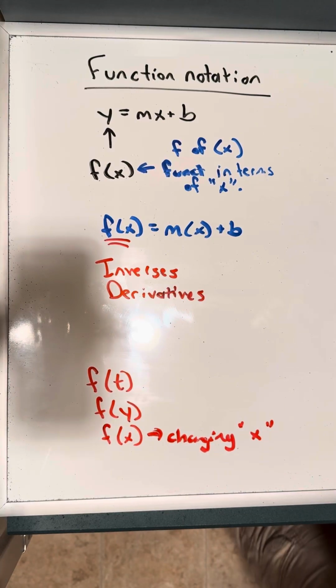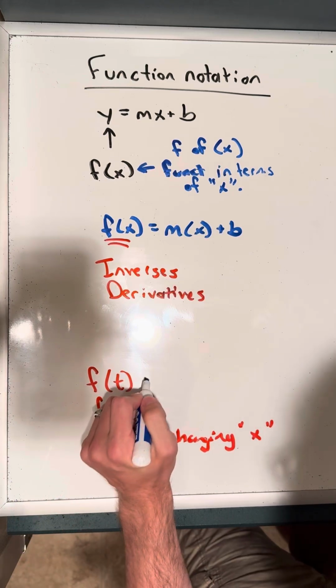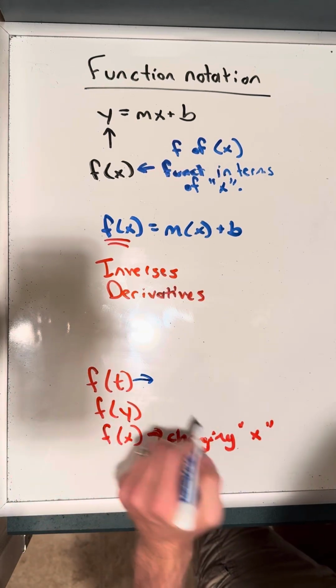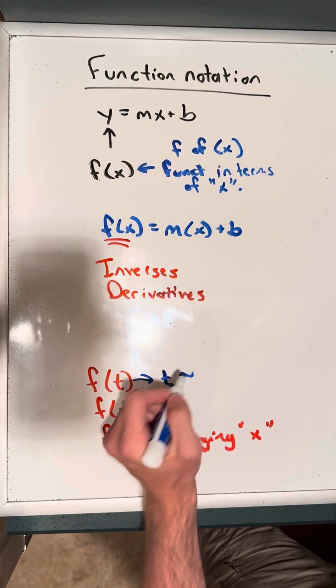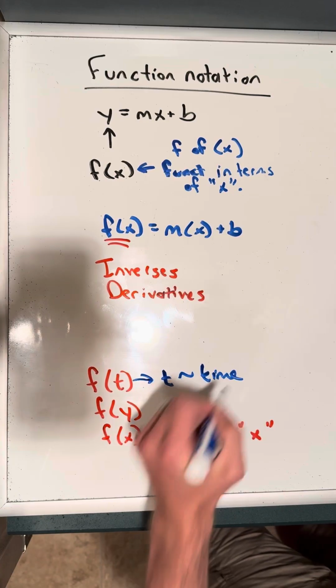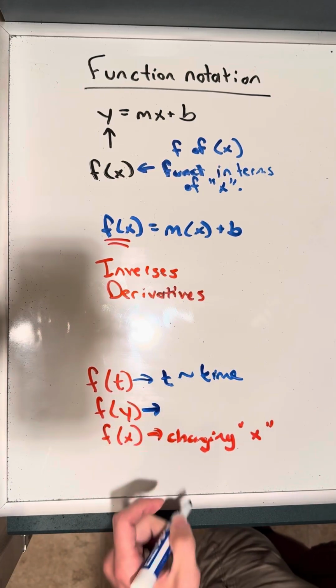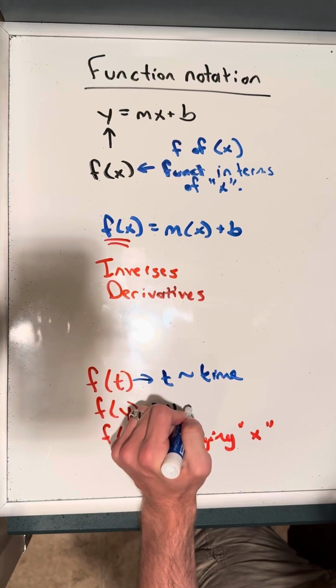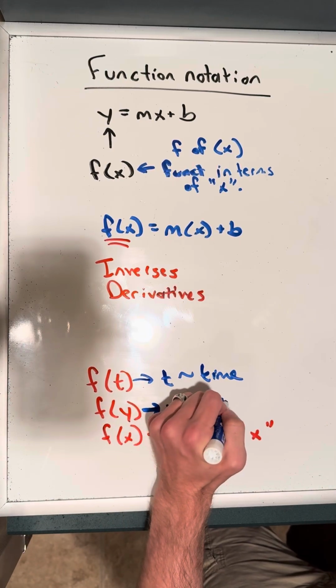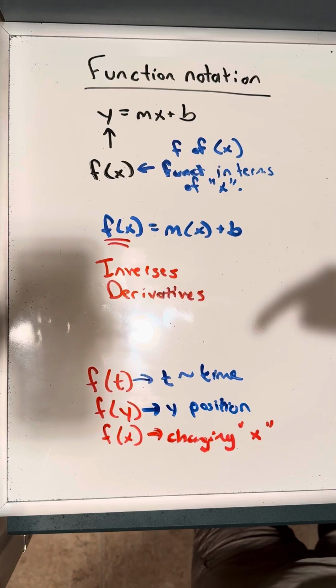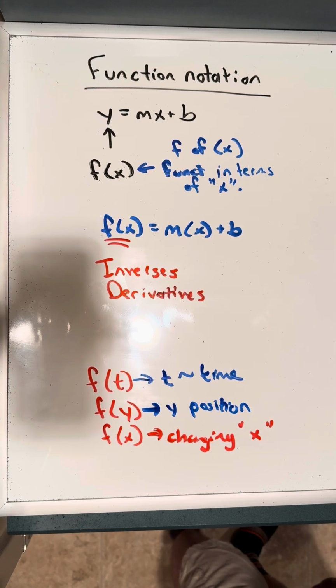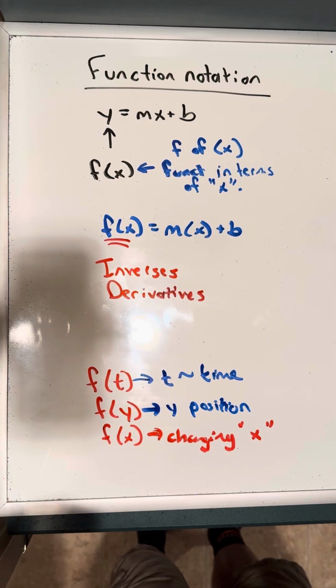Inside the physics world and inside the applied calculus world, like AP Calculus, t might equate to something like time. So f of time, meaning f of a real scenario. Inside of physics, we might say f of y as in the y position. Or it could literally just mean the y variable. So I'm giving you guys a heads up because you might see f of t, f of x, f of y.